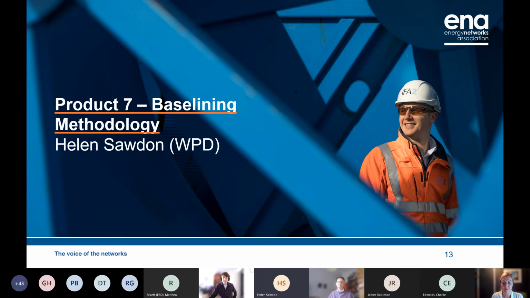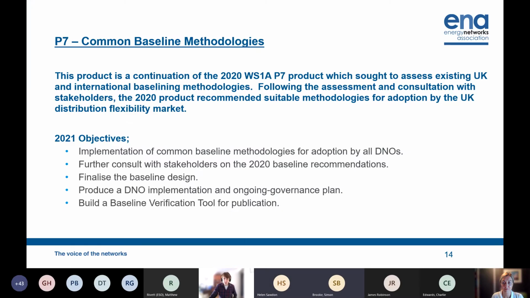Hi, thanks, Simon. So I'm product lead for P7 Common Baseline Methodologies, and this product is a continuation of the work that we did in 2020. So in 2020, we sought to assess existing UK and international baseline methodologies. We didn't want to reinvent the wheel when it came to UK baseline methodologies.